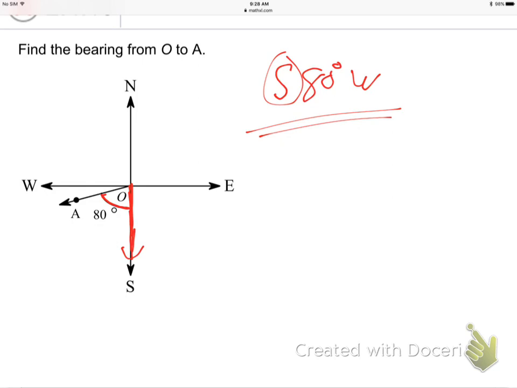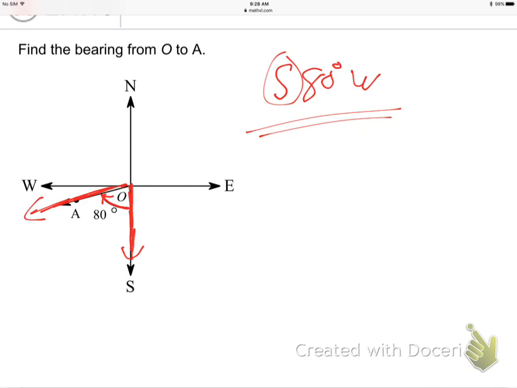Reference angles are always off the horizontal. Why? Because 0 degrees is where they picked to start all angles: horizontal. Here, for bearings, they just always pick north and south first. So then our degrees comes off of that. So it's south, but 80 degrees west of south. So here's the actual direction the ship is headed.